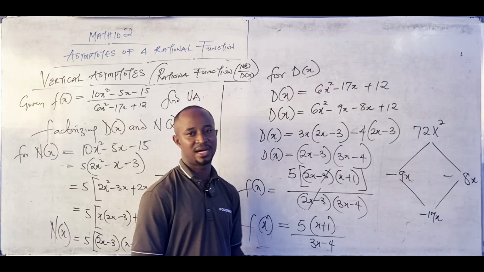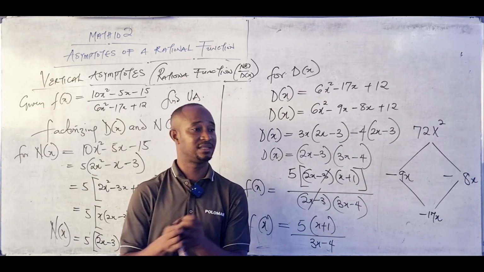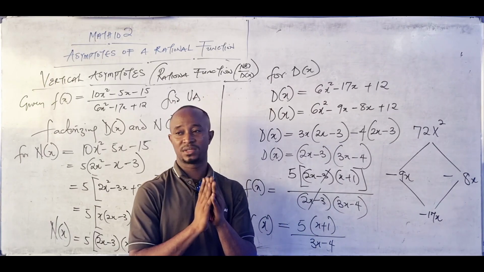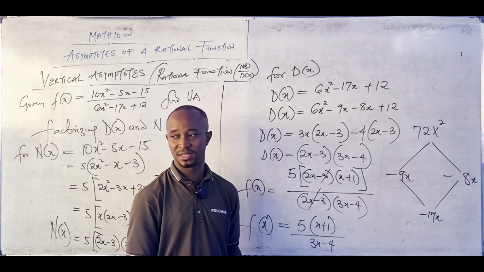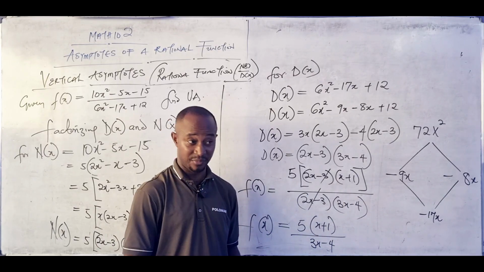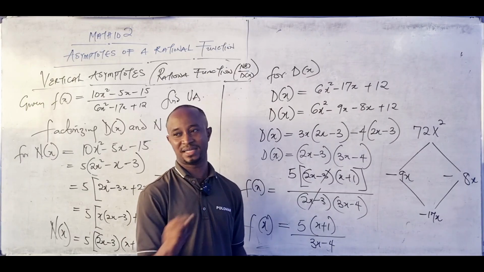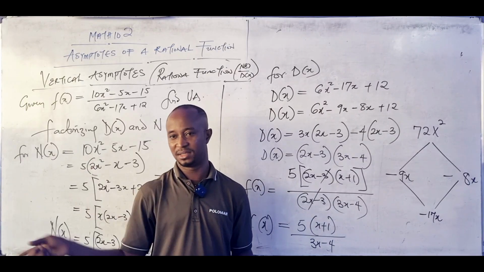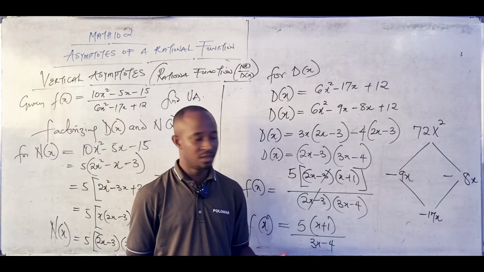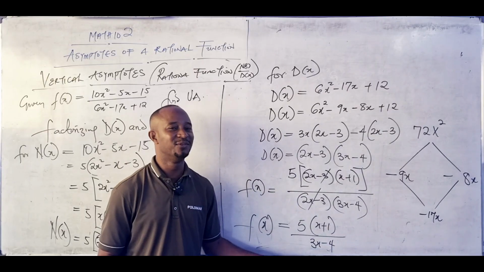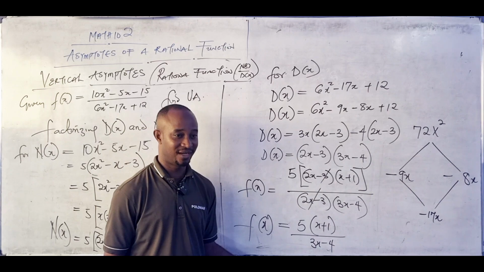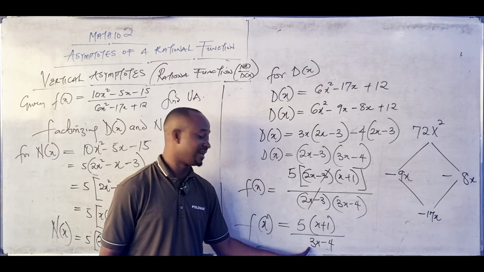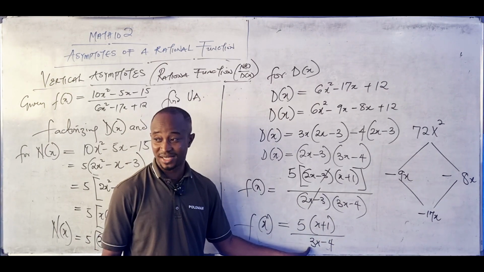If your Sn and your Sd are not equal, it means there's a vertical asymptote at that point, Sd. But if your Sn is equal to Sd, it means there's no vertical asymptote. But looking at this, is there any need of me even saying let this equal this? There's a vertical asymptote. Do you get the concept? The value of s here and here cannot be the same.